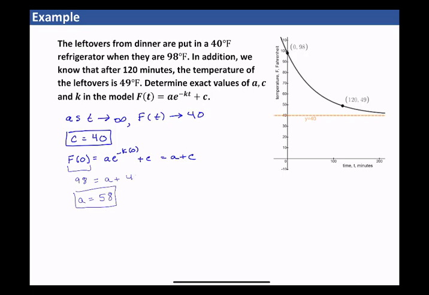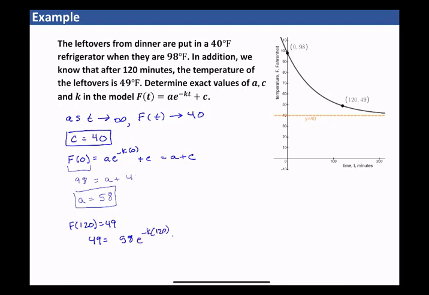So lastly, we're going to use the non-zero value of t to find the value of k. In other words, we know f of 120 equals 49. Thus 49 equals 58 e raised to the negative k times 120 plus 40. Why don't you take a minute here and try to solve that equation yourself, and then we'll check back.